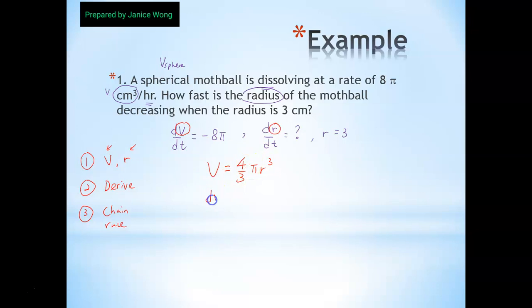We can differentiate. When we differentiate V in terms of r, we get dV over dr, which equals, let's differentiate, follow the technique that you have learned. 4 by 3 pi, just a constant multiple, we keep, derive r cubed, 3r squared. Simplify it, we get 4 pi r squared.